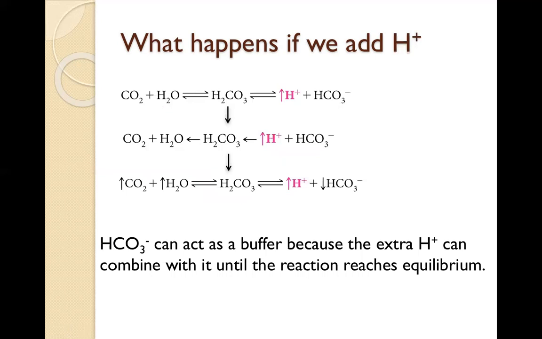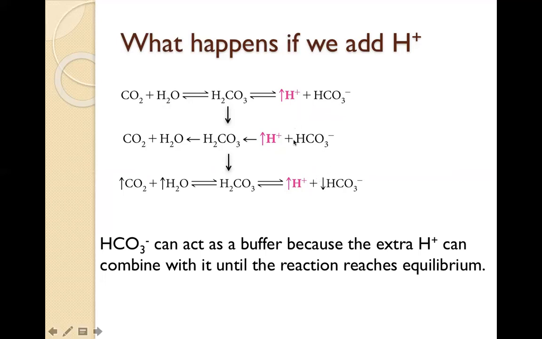And if we take it from another perspective, what would happen if we add hydrogen ions? They didn't come from carbon dioxide. We'll say that this hydrogen ion came from some amino acids or some lactate. If we add hydrogen ions to the system, because these hydrogen ions didn't come from the reaction between carbon dioxide and water, the bicarbonate ion can buffer that acid.